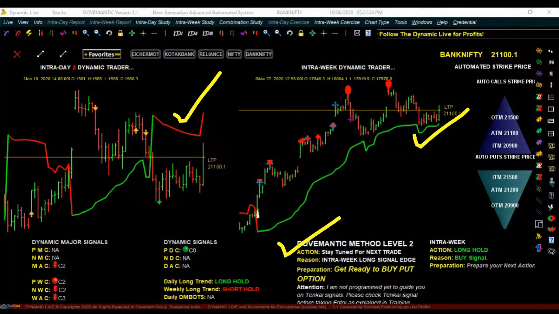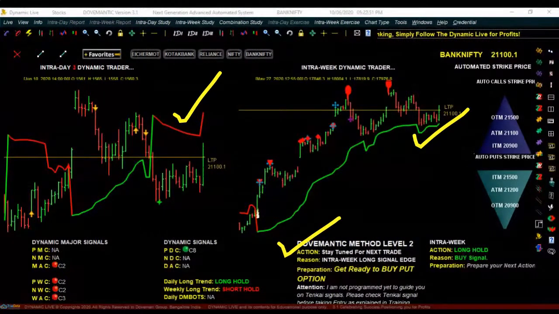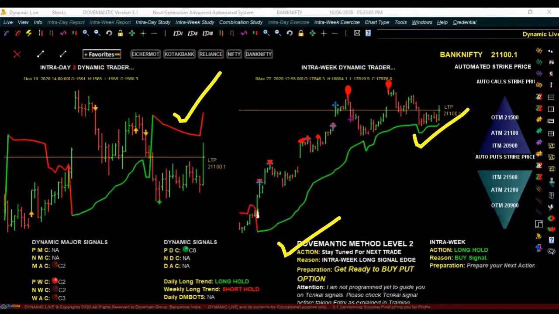But if any one of these three is not supporting, if there is a mismatch, then check the Tenkai signal. Why do we check the Tenkai signal? It is to decide whether to do this trade or not. What do we check in the Tenkai signal? We see, is there any zigzag or edge point? If it is there, then avoid this trade. If it is not there, then go ahead and do the trade, even if there is a mismatch. Got it? So this is all that you're going to do in the third step.